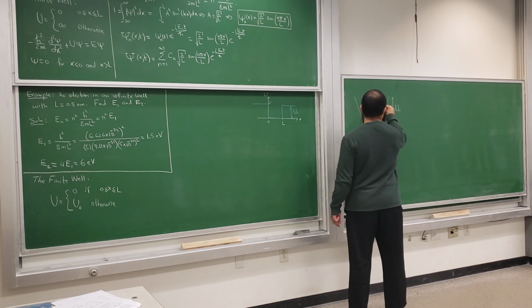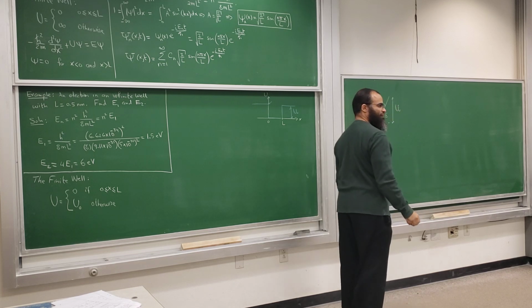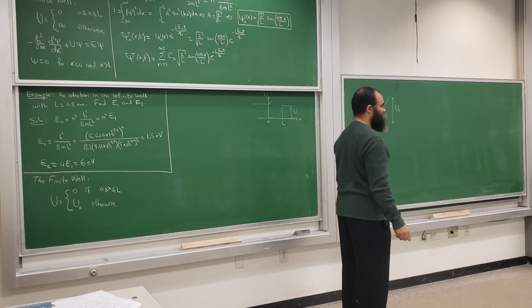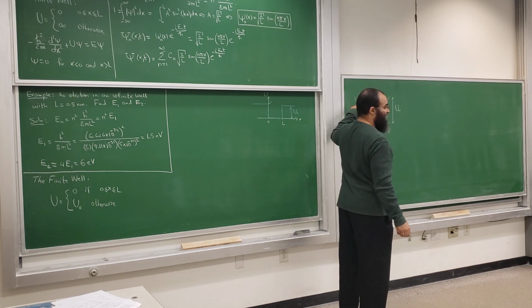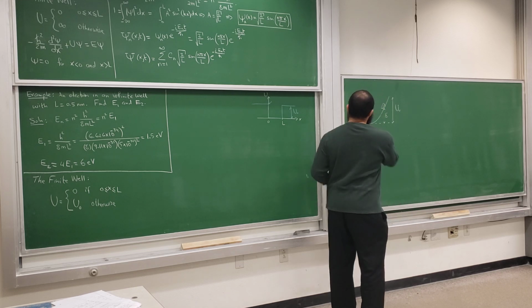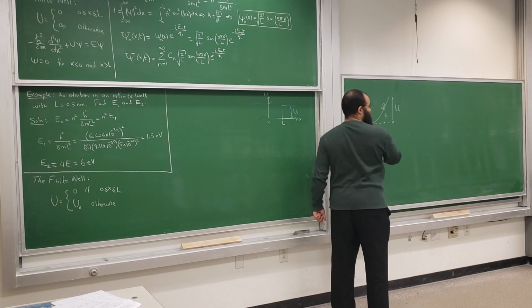And let's say I have a cart, and it starts at rest, and it has an energy E. What would the cart do? Roll back and forth, assuming no friction. So the cart will get all the way here and then come back, right?